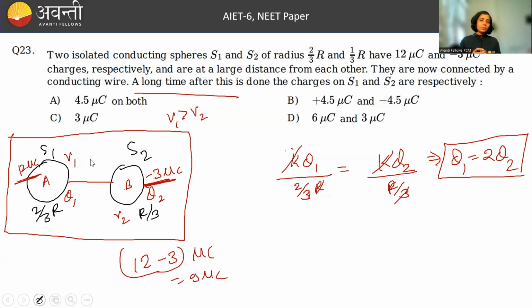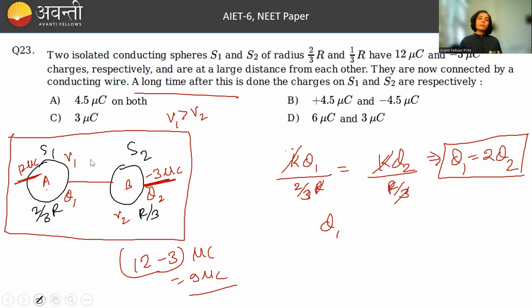And after connection is made, charge is traveling from one to another, and it's not getting lost to any other system. Done. So still, whatever charge is flown from A is just staying on B. So even now, after connection made and after long time, charge on A plus charge on B must be equal to 9 microcoulomb. Theek hai? Conservation of charge, because this whole system is isolated.